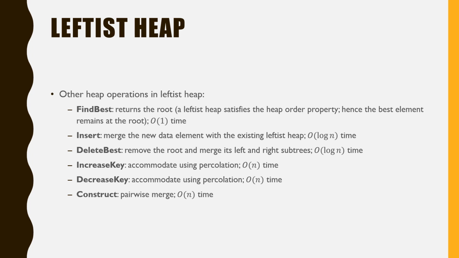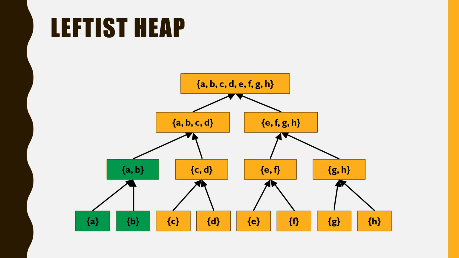Finally, for the construct operation, we can build a leftist heap from a set of unsorted elements in O(n) time by performing pairwise merge. Pairwise merging involves recursively combining pairs of heaps until all data elements are incorporated into a single heap.